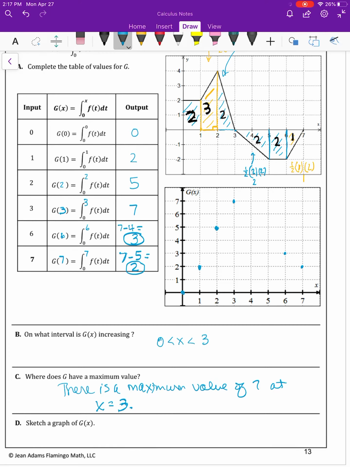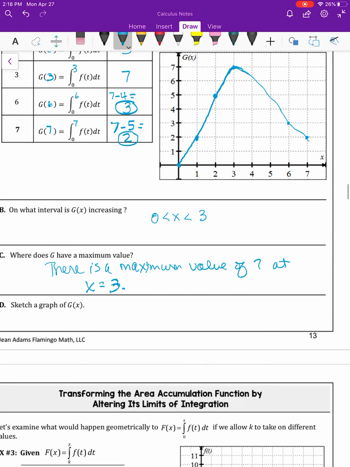And 7, 2. And then you just want to kind of connect as best you can. Make it so that it's rounded. You don't want to make it pointed. So you just kind of connect that curve, and that's the graph of G.